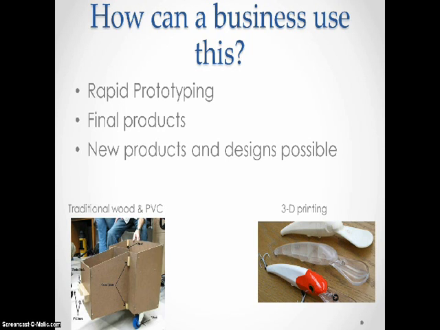And this is very good when in the past prototyping took very, very long amounts of time. And as I said before, final products can be made using 3D printing. And new products, things that have never been thought of before, are now possible. Just as with the computer-aided design revolution, this may be the next revolution in manufacturing.